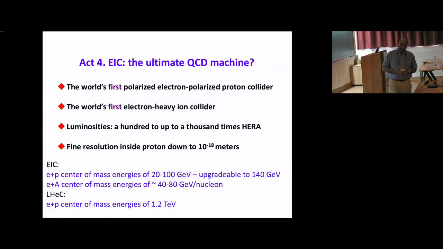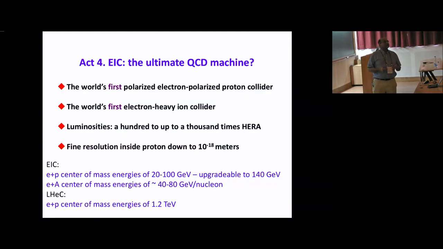Now, the other thing that's going to be really interesting about the EIC is that it's going to be the laboratory for many body physics at different levels, where you measure correlations. I can look at a pion coming from a gluon, or a bunch of gluons, or I can look at something else coming from a bunch of quarks and look at their correlations.